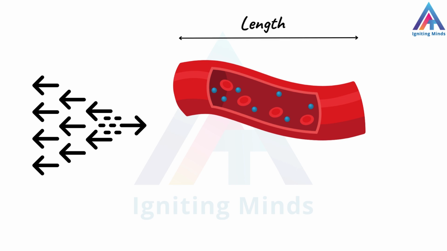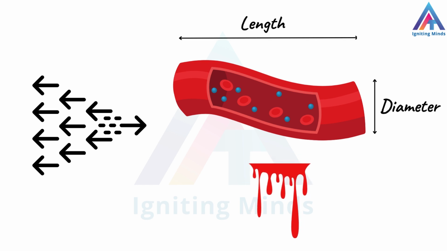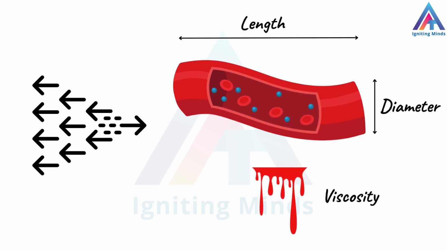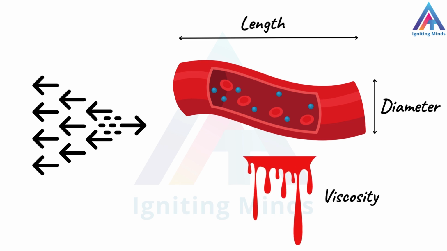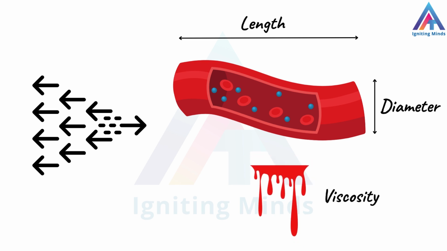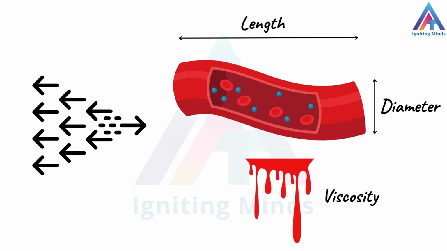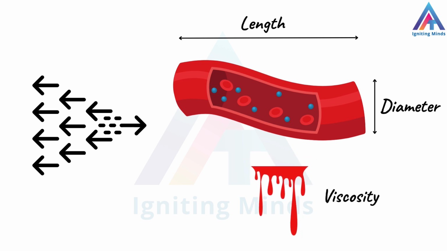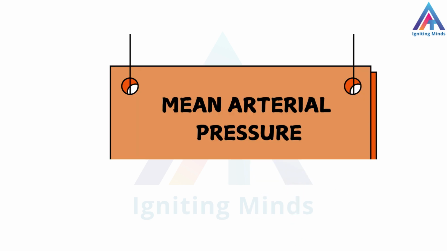Three factors determine this force: the length of the blood vessel, the diameter of the vessel, and the viscosity of the blood that flows through it. Total peripheral resistance, or SVR, is an important concept to understand because it plays a vital role in the establishment and manipulation of blood pressure. Resistance to blood flow through a vessel increases as the blood becomes more viscous and the vessel becomes more constricted.